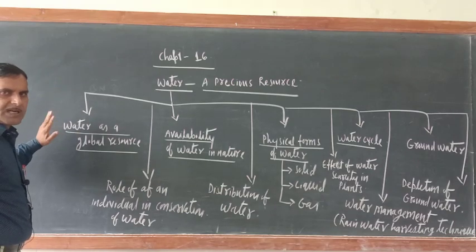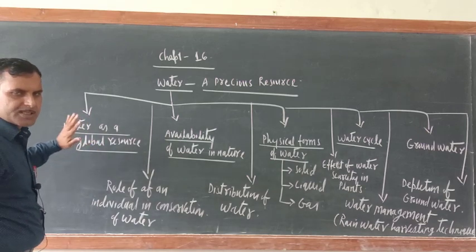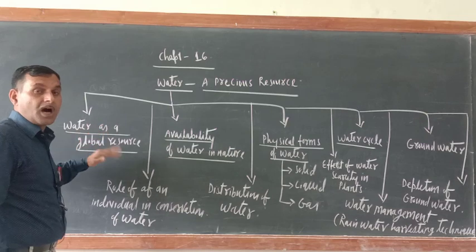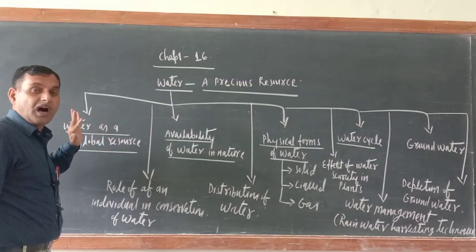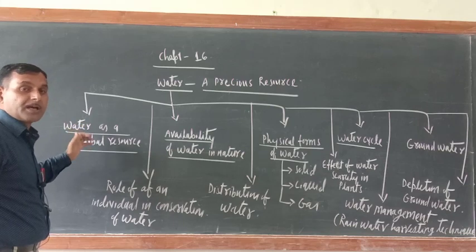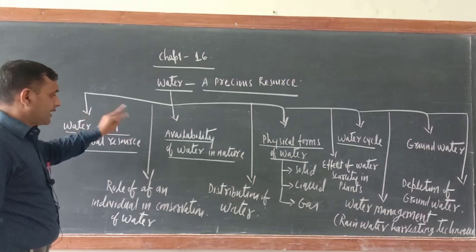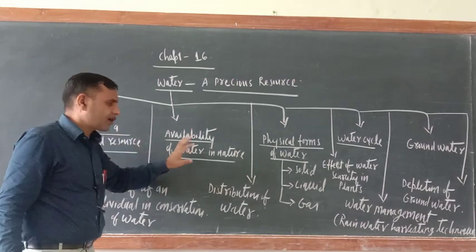Okay, so just see how many things are included in this chapter. Number one, we will discuss water as a global resource. Don't think that water is required by human beings of only one particular country. All over the world, across the globe, the availability and utility of water is required. Next one is availability of water in nature.